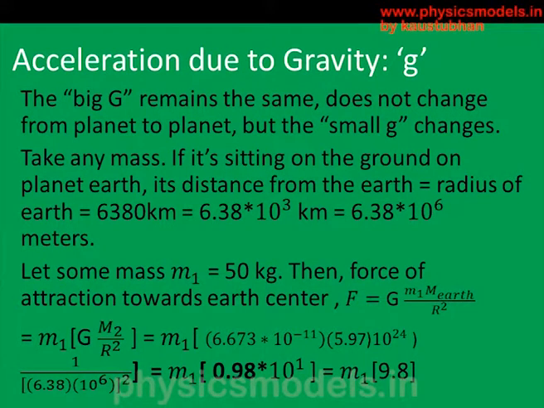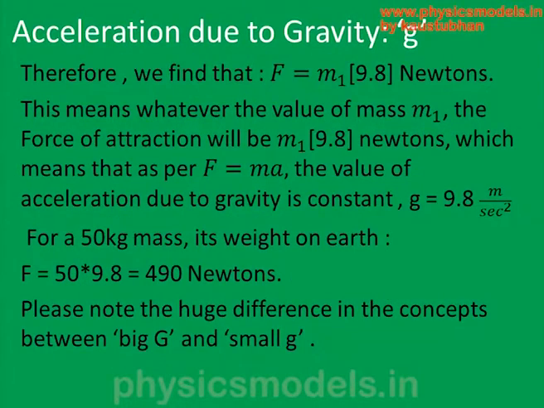Now this is a very familiar form of equation. We know that force is mass into acceleration. So if F is equal to some mass into 9.8, that 9.8 must be an acceleration. And therefore, the word g came into existence. g is the acceleration due to gravity, and that's equal to 9.8 meters per second square.